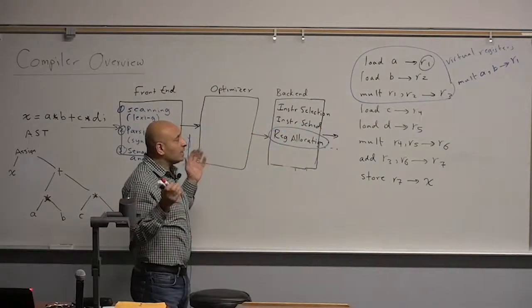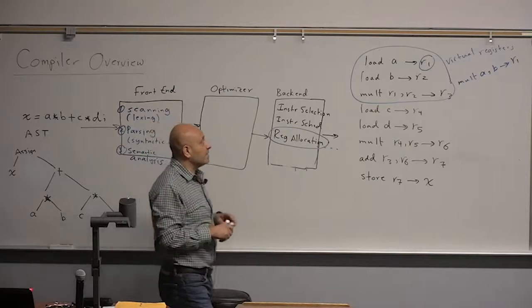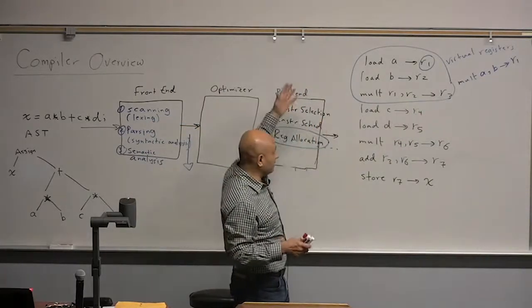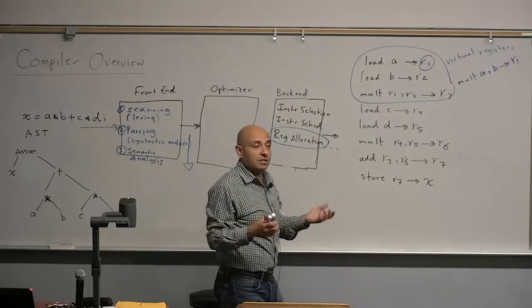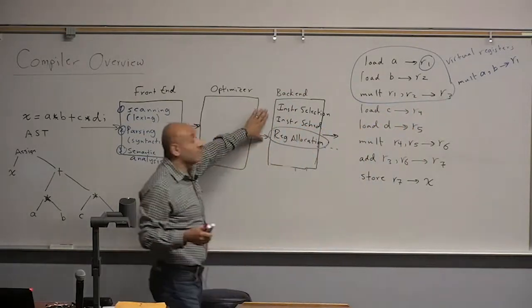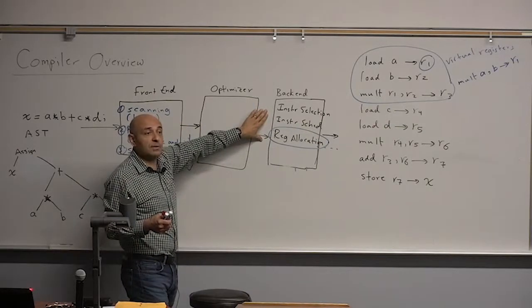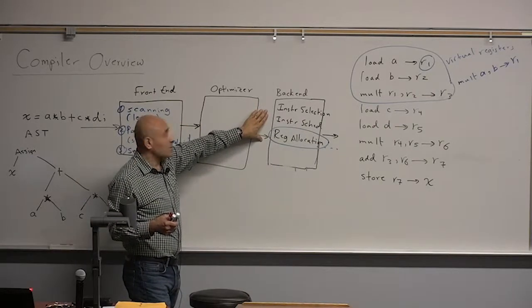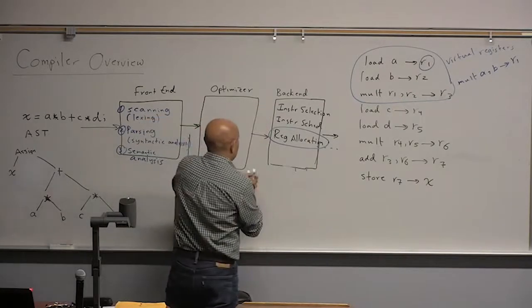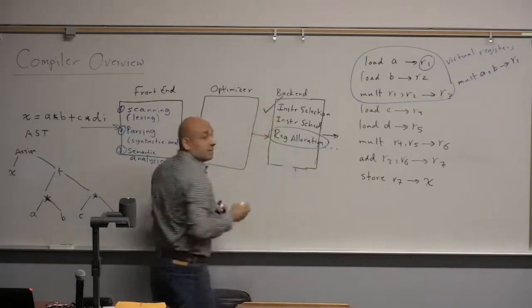Okay, so what's the point here? The point here is that which instruction will get selected, and what's the most efficient sequence of instructions, is the job of which phase do you think? Instruction selection. Yeah.